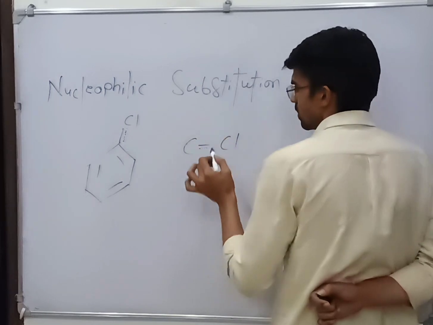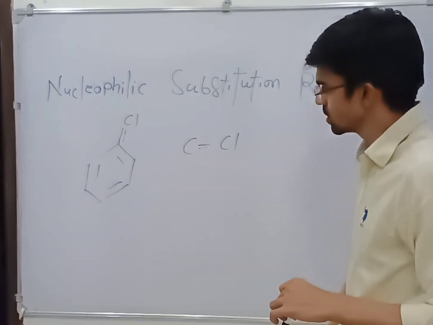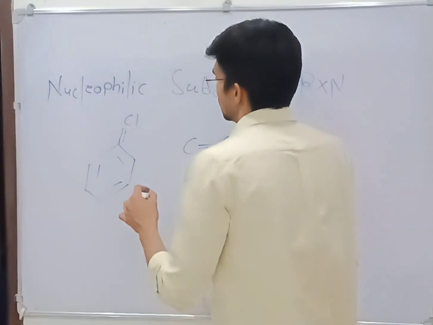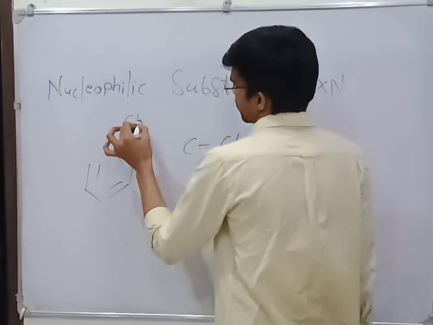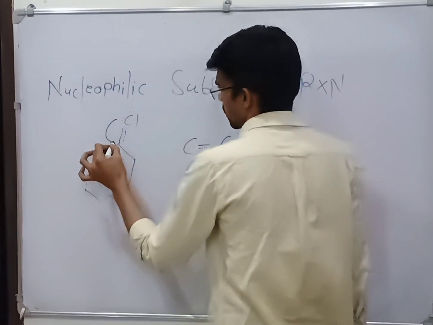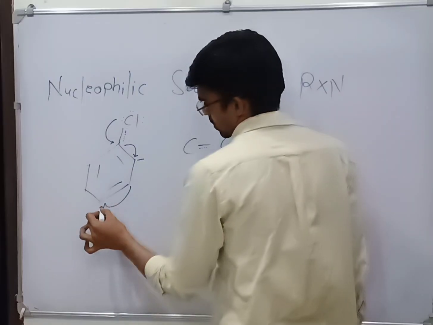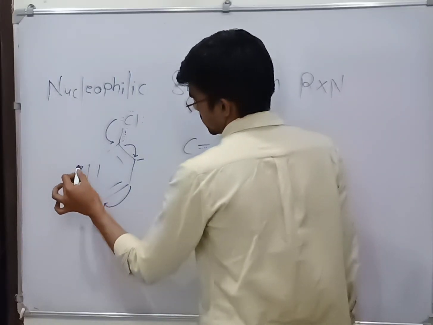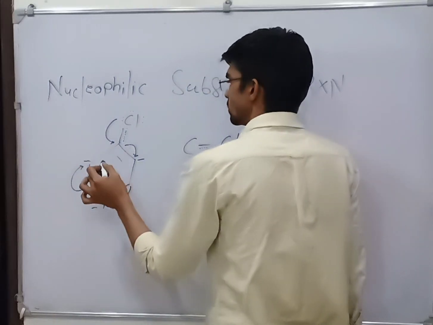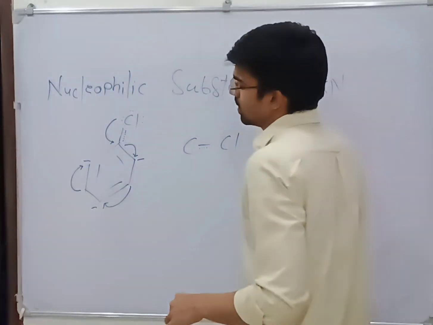Because it shows resonance, chlorine has a lone pair of electrons, so it will donate the electrons and the electrons will be delocalized inside the benzene.